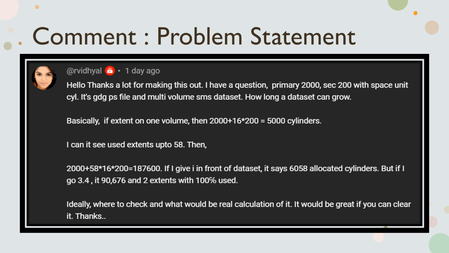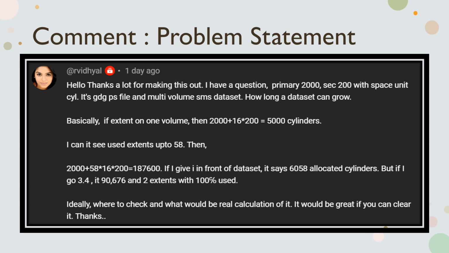Okay, so primary is 2000 and secondary is 200 and it's cylinders. So it can grow up to 2000 plus 200 into 16 into 59 times of 200, and it can grow up to that.